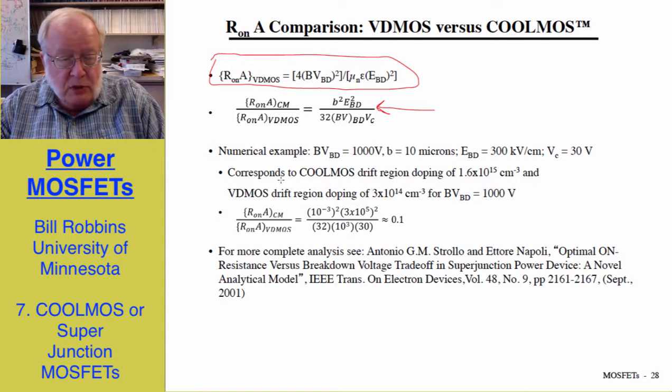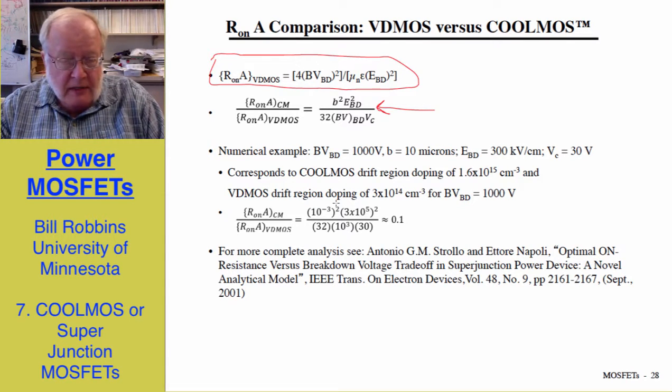This corresponds to a cool MOS drift region doping of about 1.6 times 10 to the 15th per cubic centimeter. And similarly, for a vertically diffused MOSFET, the drift region doping would have to be 3 times 10 to the 14th for a 1000 volt device. That means when we put these numbers in here, the on-state resistance of the cool MOS is about 1/10 that of the equivalent vertically diffused MOS device.